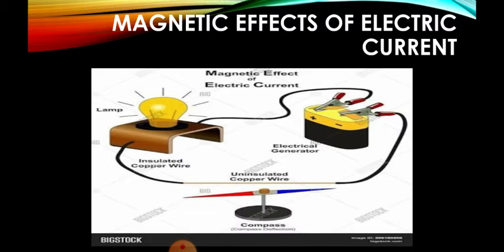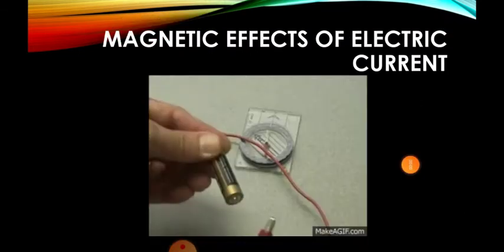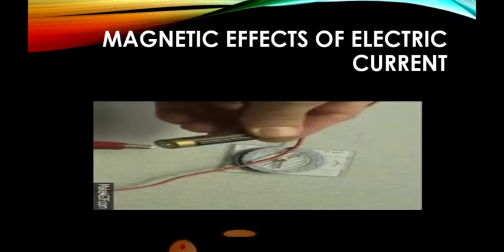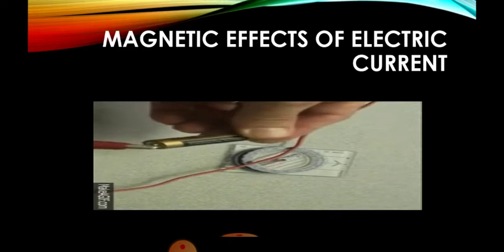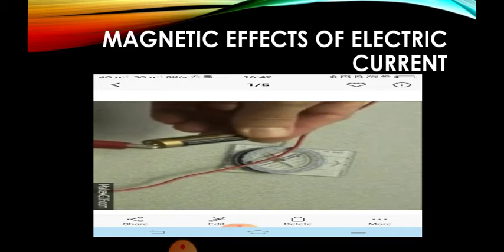Now, when the key is switched on, when the key is put in, you will find that the bulb glows. That means the current is flowing inside the wire. And when the current flows, you will find that there is a deflection in the magnetic needle too. See how, when the circuit is complete, or when the wire is connected to the cell, the magnetic needle goes on deflecting, correct?